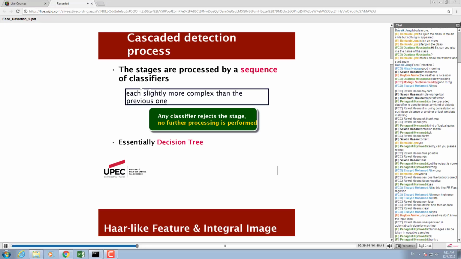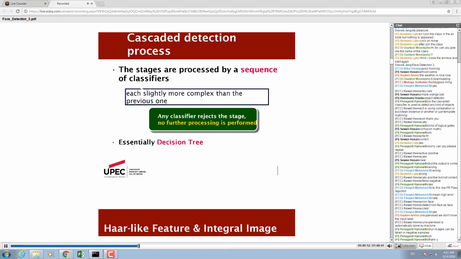The cascade means stages. Cascade is actually composed of stages. There are several stages, like 20 or 30 stages, processed as a sequence of classifiers. By the way, every stage means every classifier.